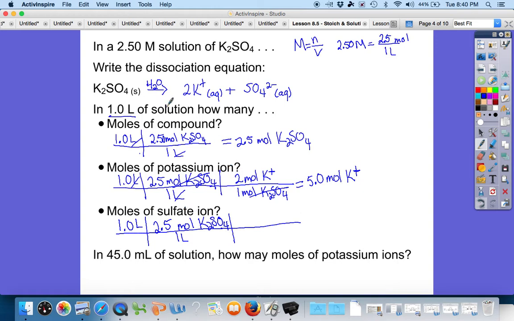And then looking at our dissociation equation, we have 1 mole of our sulfate ions per 1 mole of our compound.